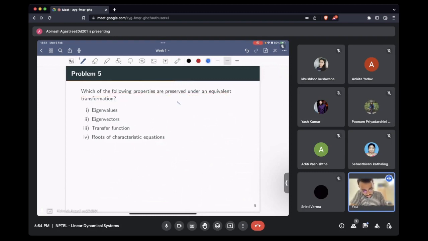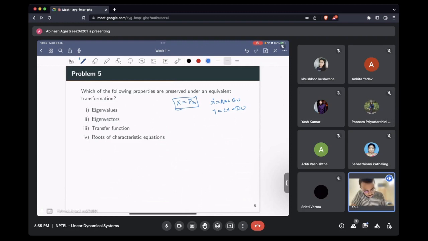I'll just write what an equivalent transformation is. It is a change in the coordinate system where P can be some full rank matrix. Originally we had a state X, and a system X dot equal to AX plus BU, Y equal to CX plus DU. This was the original system. Then we make a transformation given by X equal to PZ.